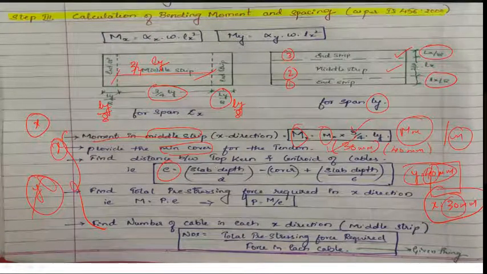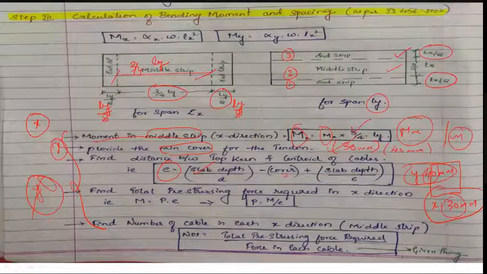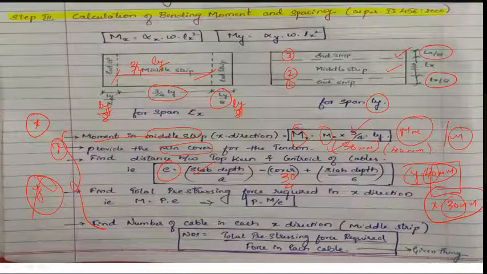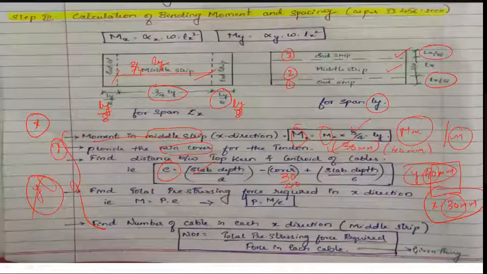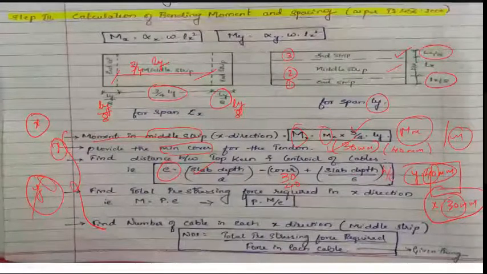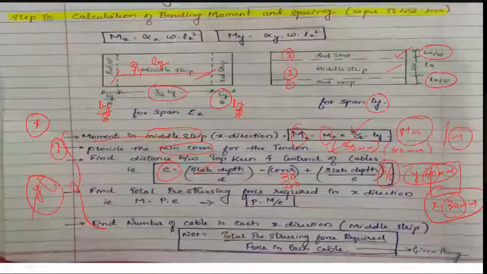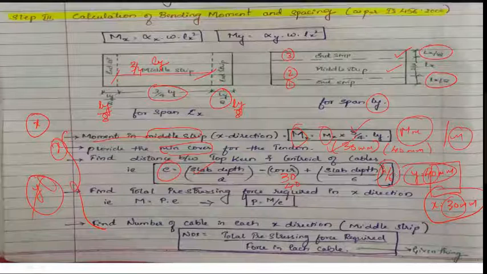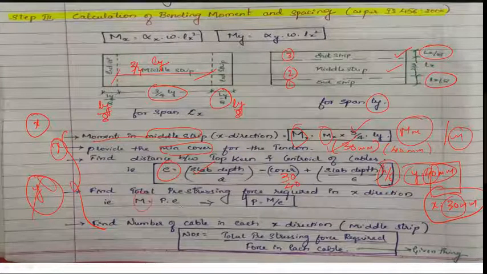It is calculated by the depth of the slab which I have determined in the very first step minus the cover, whether you have taken 30 or 40, again depth by 6, that is h by 6. In prestressing we have said why you take h by 6 for uniformly distributed load. Now we have got the moment, correct?